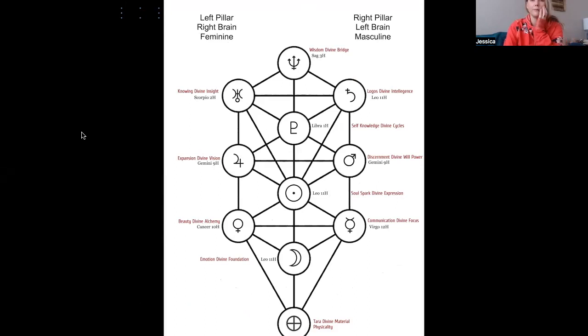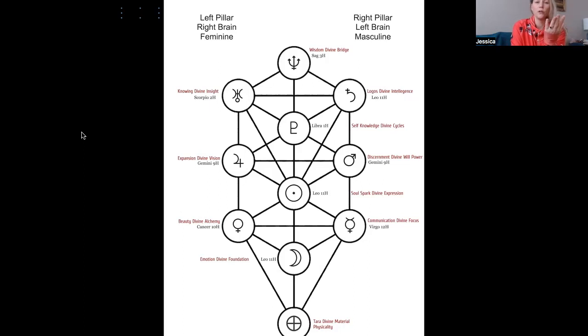Okay. So I used the basic model, which looks like this. Often you'll see these pillars reversed, and a lot of people claim that when they're reversed, we're looking at the backside of the tree of life. I just logically wanted to show it, right?